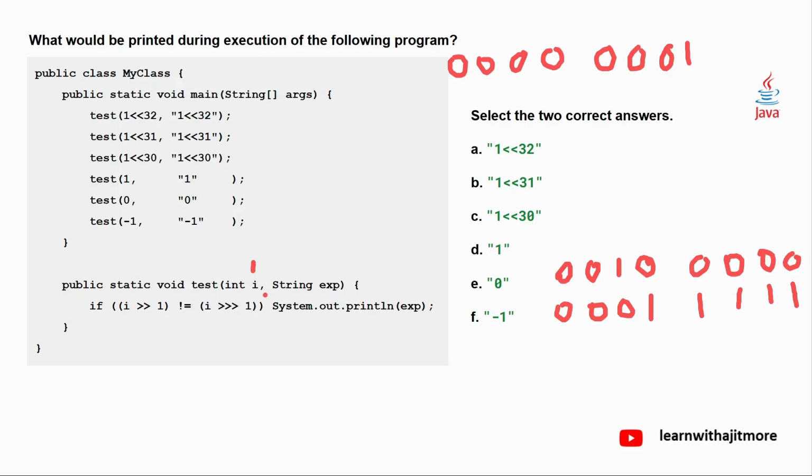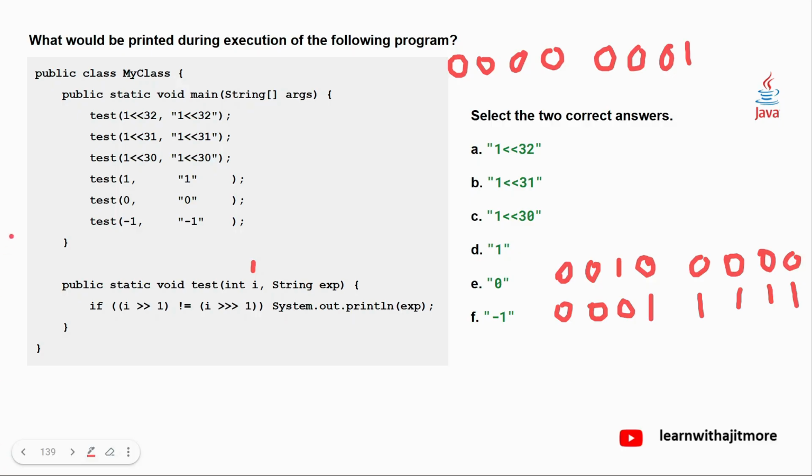So I is containing 1. I'm shifting 1 time, so this will go out. What will be the answer by 3 greater and 2 greater? The same answer. So as both are the same, is it not equal? No, it is equal. Therefore, will it print EXP? No. So no printing will be done. It will not print this.